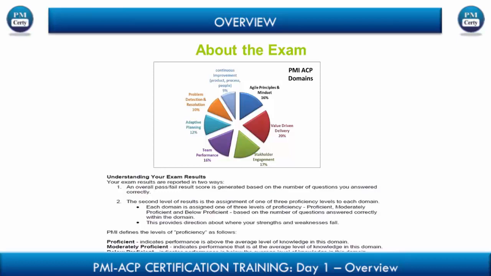The largest amount of weightage goes for the agile principles and mindset, what we call value-driven delivery, stakeholder engagement, and team performance. So when you look at this itself, you'll have a fair understanding that agile as a practice has a very different outlook from the traditional waterfall life cycle.